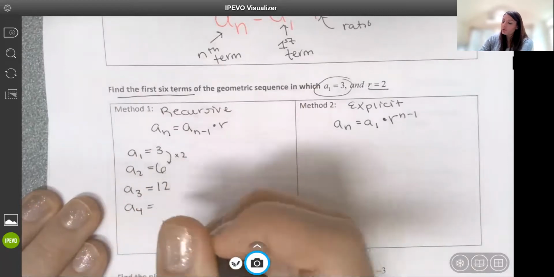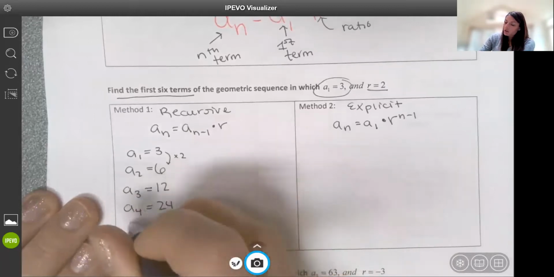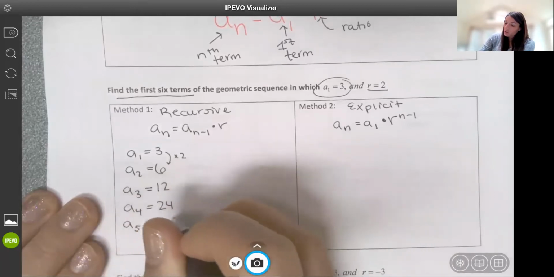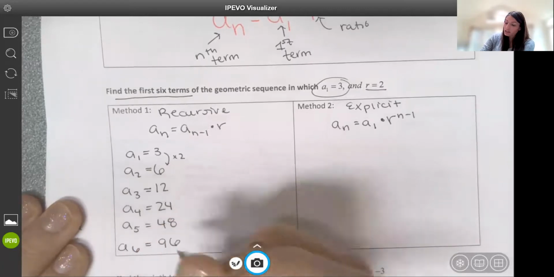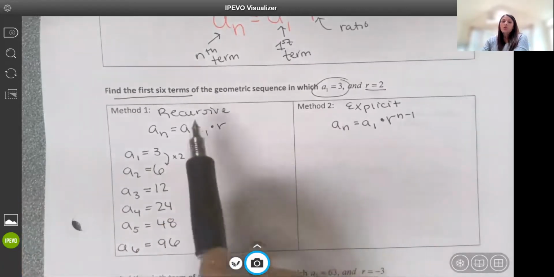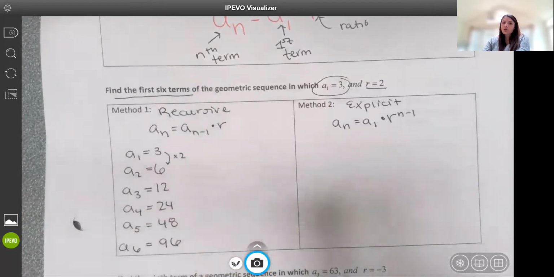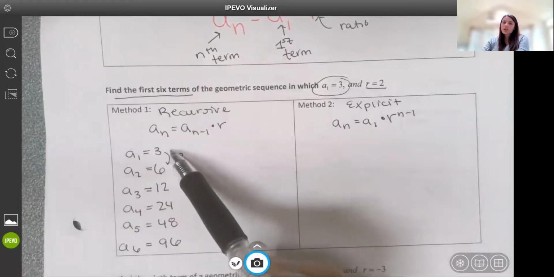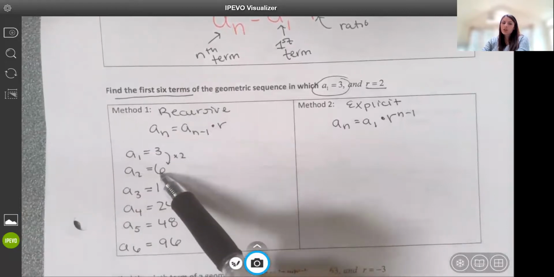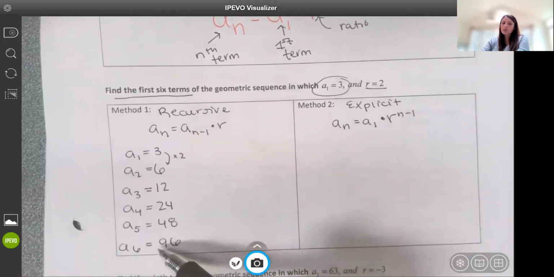Our fourth term would be 24. Our fifth term would be 48. And our sixth term, multiplying by 2, would be 96. So when we want to list the first however many terms, recursive makes sense, where I list a term, then I just keep multiplying it by my ratio, take that term, multiply it, take that term, multiply it, and I get my list.